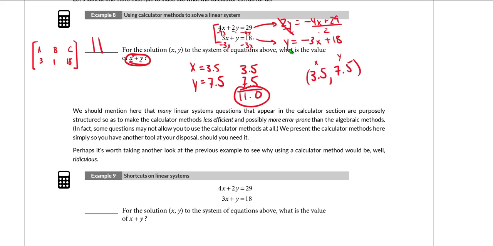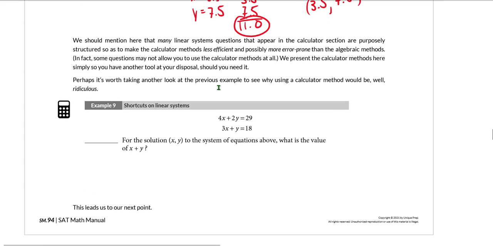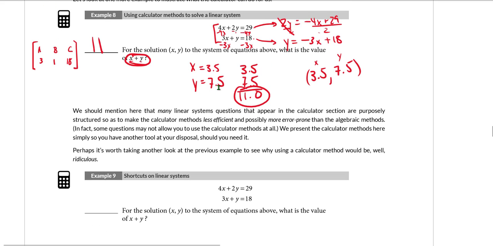So we just used calculator methods to solve example 8. Example 9 is the exact same example, and we're going to go through it again, and we're going to see why solving with graphing or with the app was slightly ridiculous, because there's a really easy shortcut to this question.